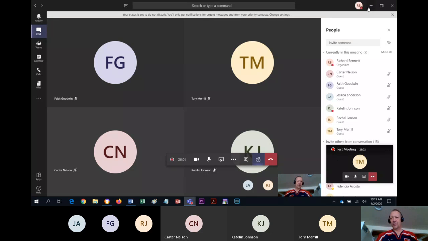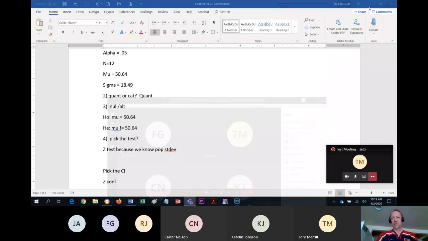Let me go back to my thing here. Okay, what's the equation that we're going to pick for the z-test for this problem? Rick, I have a question. Okay, that's Rachel. I'm getting to know your voices. You said we were missing a number, but we would figure it out in the next step. Have we figured that out? Well, this is the step where you'll figure it out, hopefully, if you can give me the right equation.